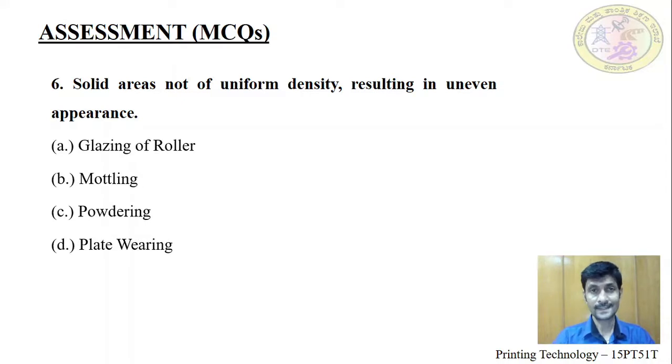Normally on the substrate, non-uniformity occurs due to the coating on the substrate, or the ink and water balance if it is not proper. Even the pressure and the packing will cause it. Sometimes blankets get damaged, and then this will cause it.